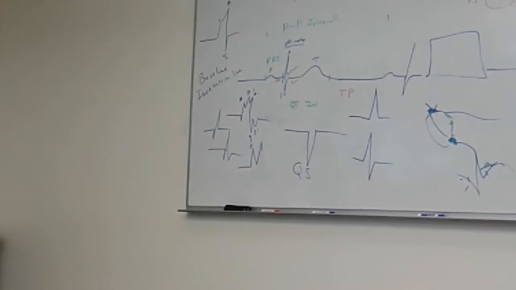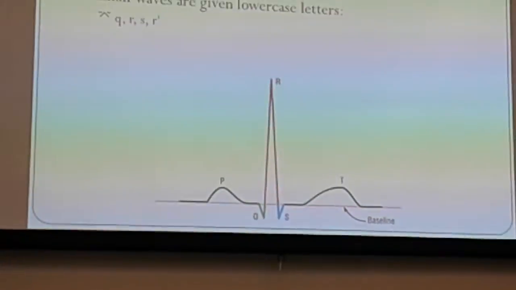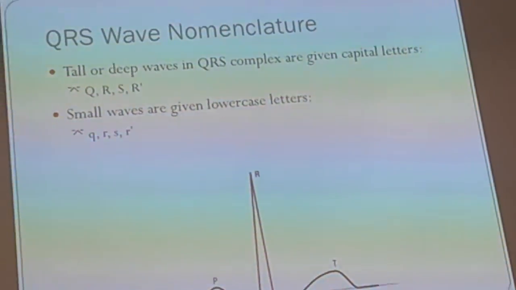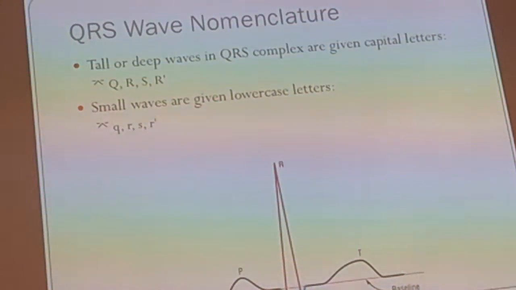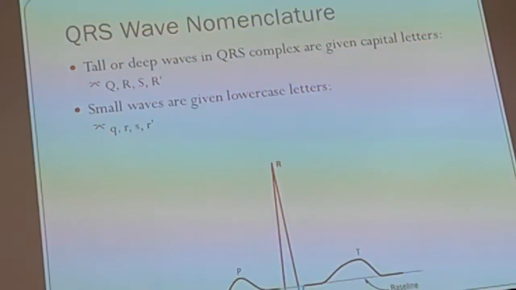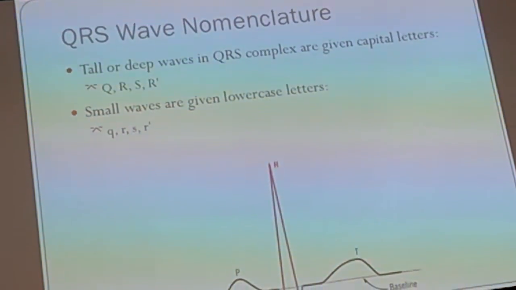Okay. So nomenclature. What does that word mean? Nomenclature means how we are writing things down, how we are referring to them when we want to write and make people understand what we saw. Big waves are big in proportion to both that wave and everything else we're seeing in the patient.